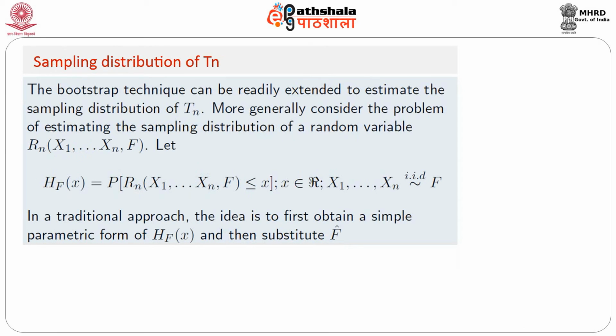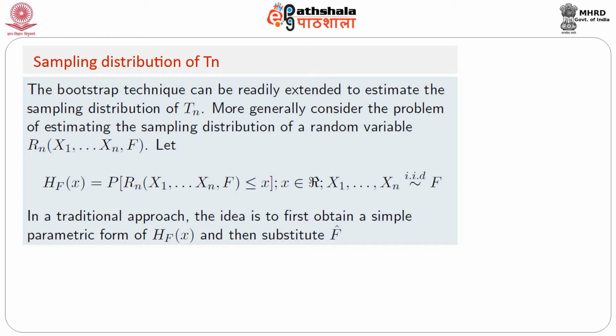Now, we extend this idea of bootstrapping to the estimation of the sampling distribution of Tn. It is not obvious how to estimate the entire sampling distribution of Tn by jackknife, because jackknife is based on n out of those 2 to the n minus 1 non-empty subsets. But the bootstrap can be readily used to estimate the entire sampling distribution.